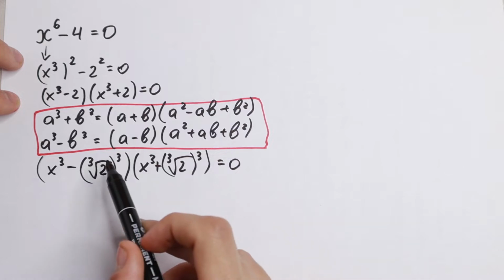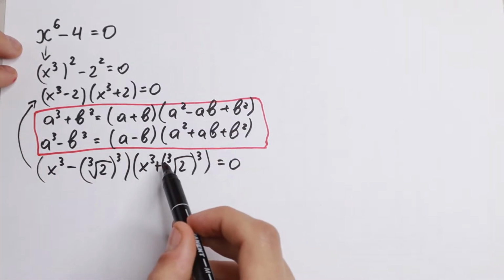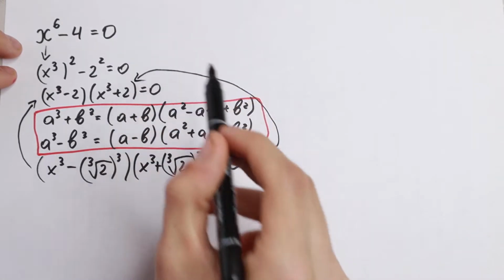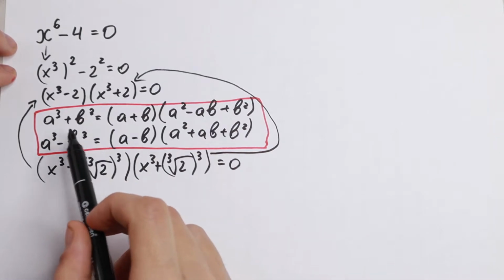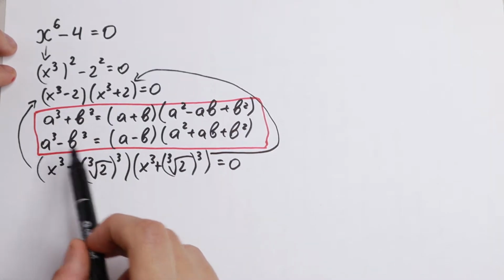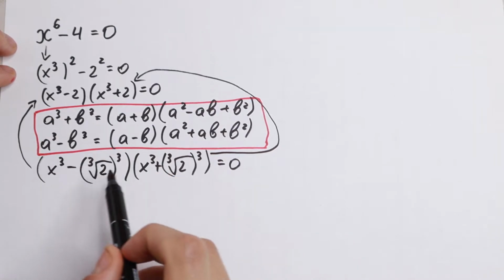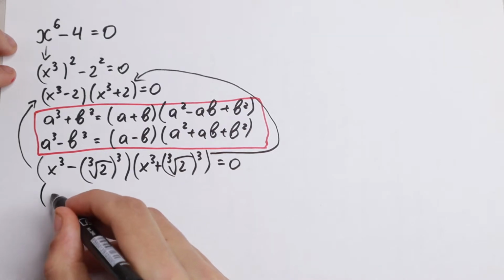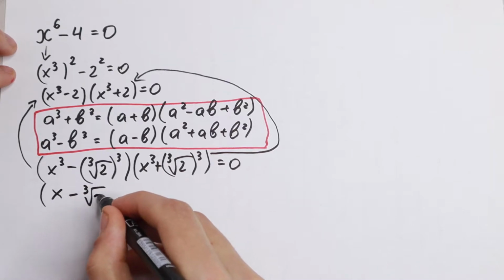So as you can see, this parenthesis is the same as this one on the left, and this parenthesis is the same as this parenthesis. So this is the same, but let's use our formula right here: sum of cubes and difference of cubes. So let's start with the difference, because right here we will have this parenthesis. We will have a long product: x minus the cube root of 2.